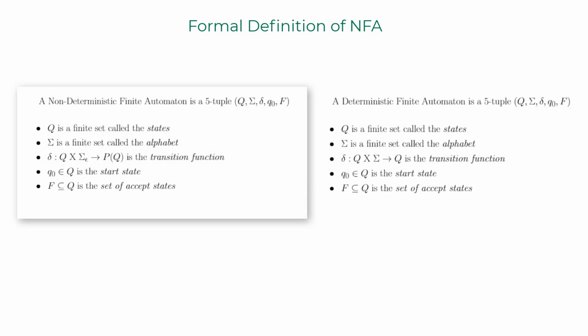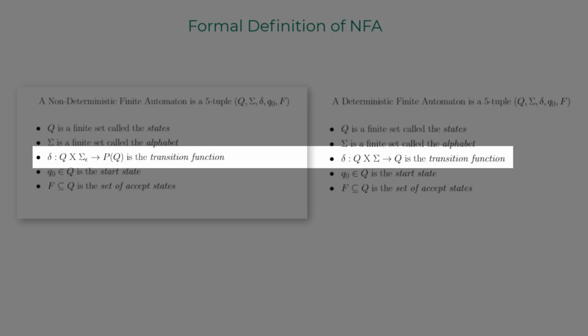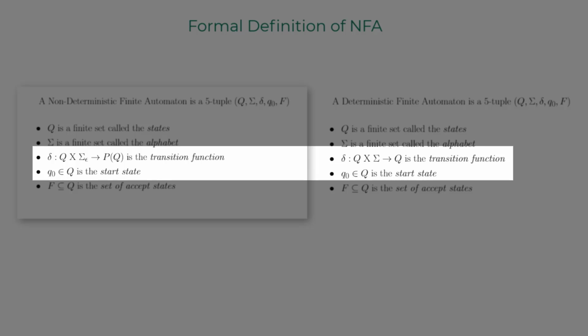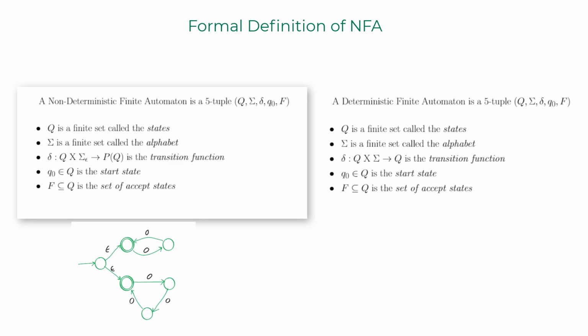And I clearly dodged the transition function because it looks very different. I've also dodged the point about a single start state because I've shown you earlier that with epsilon transitions, you can sort of have multiple start states. But anyway, the important thing to discuss here is the transition function. So let's shift our focus to that.